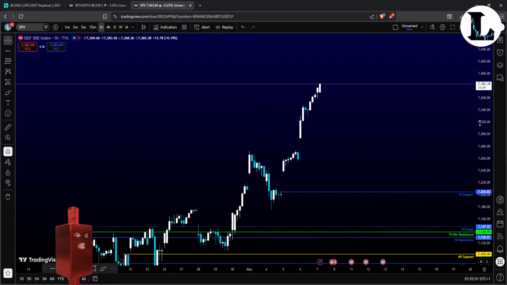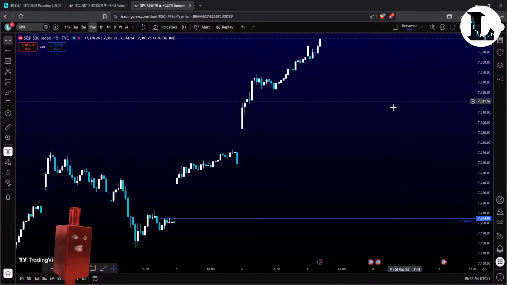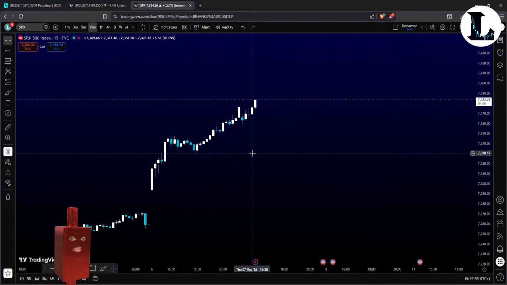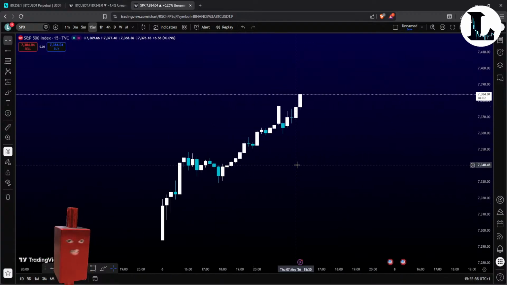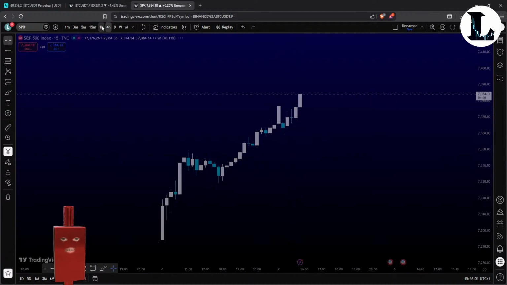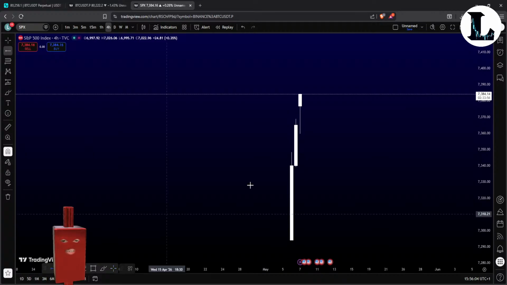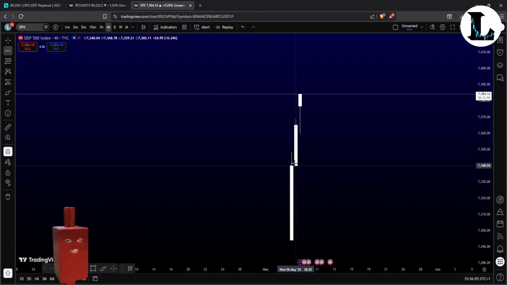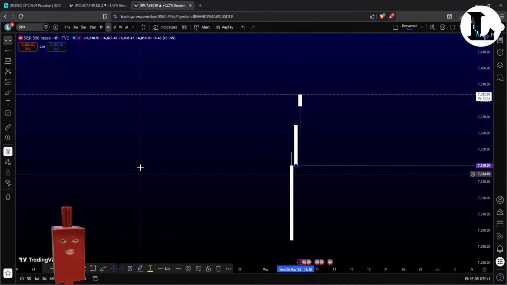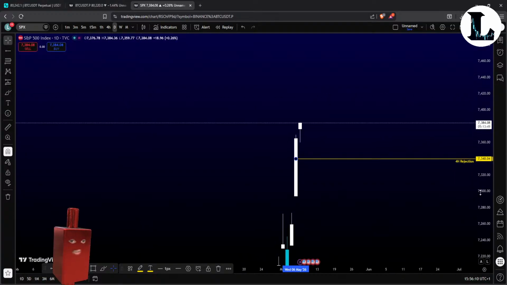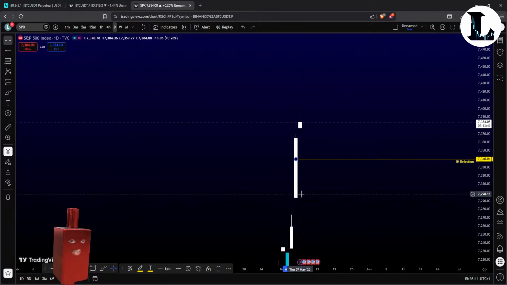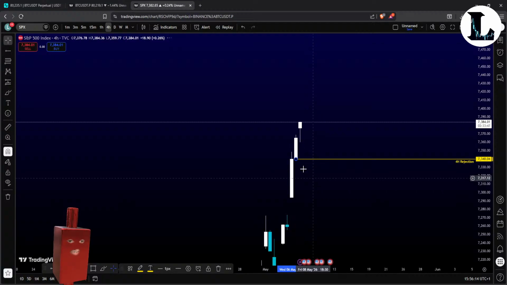Alright, so this chart is kind of dead. Let's go to the 15 actually. Try to understand what is happening here. Actually, for our rejection here, I think I don't need to go to the daily, right? Yeah, the daily is down here, so for now we are breaking up.